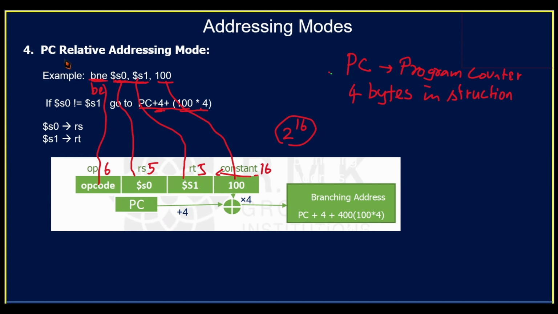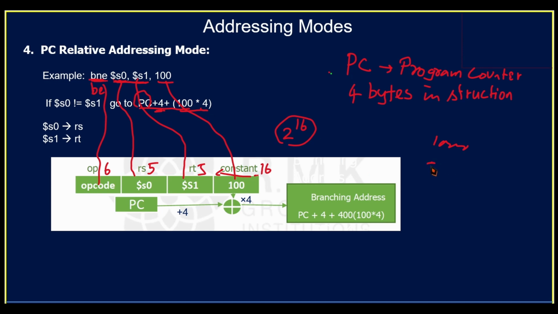So this is called PC, program counter, relative addressing because the instruction execution is moved with respect to the PC. If PC is 1000, then with respect to 1000, it will go to this location.